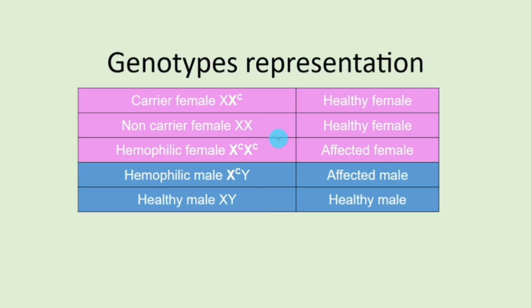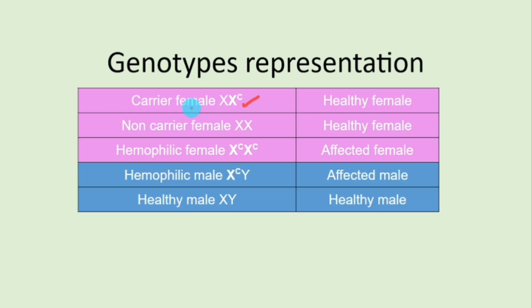So in the context of hemophilia, what is the meaning of carrier female? Carrier female will have this affected allele, okay, found on one X chromosome. The other X chromosome is healthy. So it compensates for the function, and this is the reason no error in clotting is seen and the female is healthy.